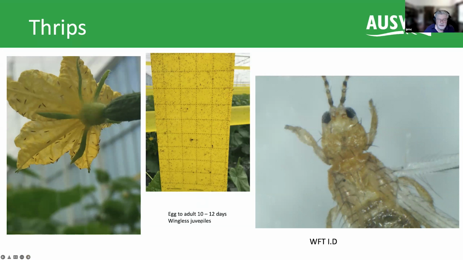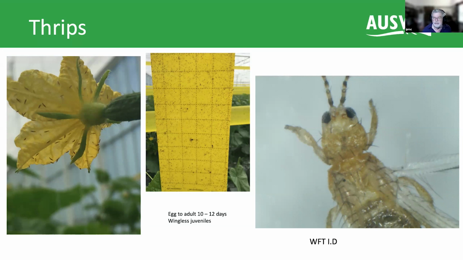Before I move on, I was just thinking that there are useful guides for identifying insects and beneficial insects. AUSVEG has many information sheets. AHR has a series of very useful ute guides with pictures to identify pests and beneficials.